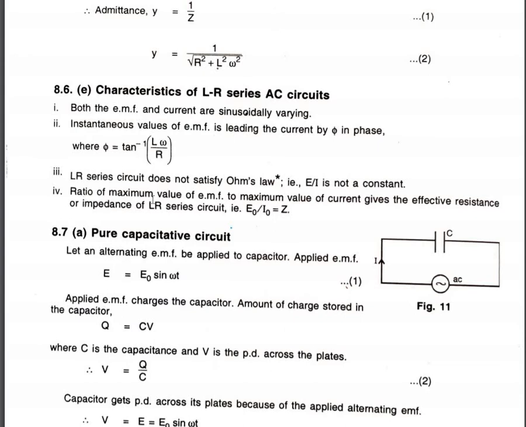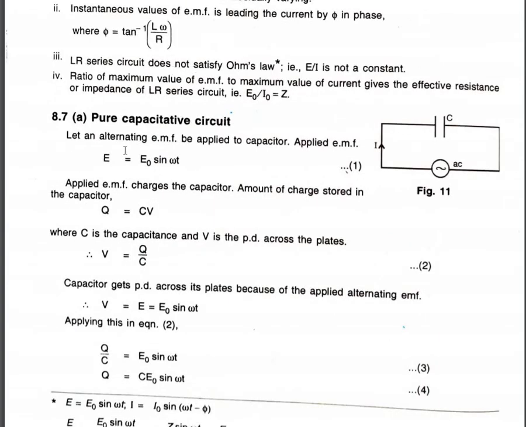The ratio of maximum value of EMF to the maximum value of the current will give the effective resistance or impedance of an LR series circuit. Or E0 by I0 will give you Z. So these are the characteristics of an LR series circuit.